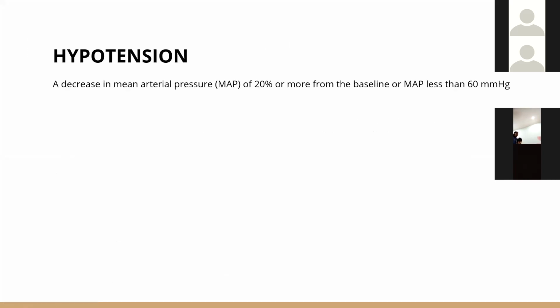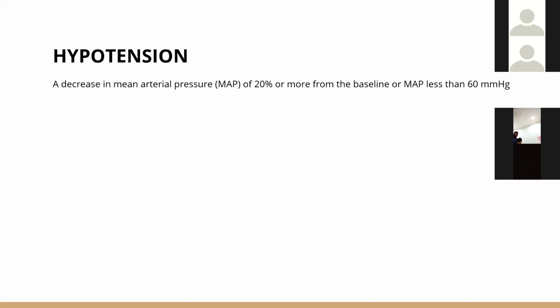The next hemodynamic disturbance is hypotension during neurosurgery. We label it hypotension when there is a decrease in mean arterial pressure of 20% or more from the baseline, or MAP less than 60.